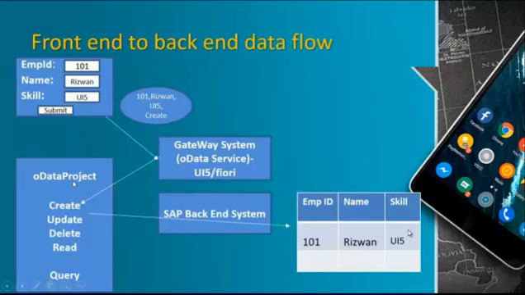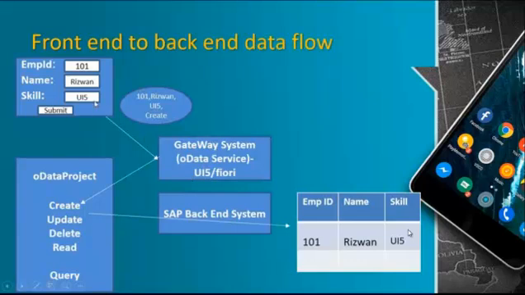Within the OData project, you have the facility to implement the CRUD operations on each and every table. You implement your business logic of CRUD operations, and then this OData project generates something called an OData service. Now, this OData service you will deploy in the SAP gateway system.